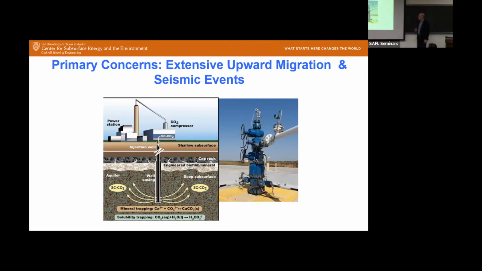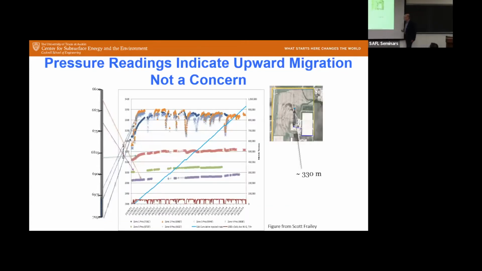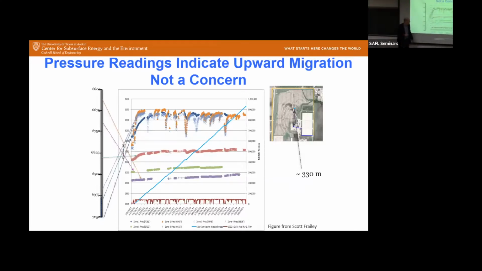All right. So one of the main concerns, as I mentioned, was this upward migration. And so 330 meters away from the point of injection, here's injection, and right there is where we have the monitoring well. They looked at pressure, and they did this right in the interval where CO2 is injected, and then they did it up higher.